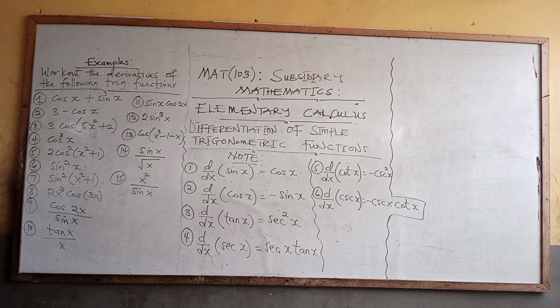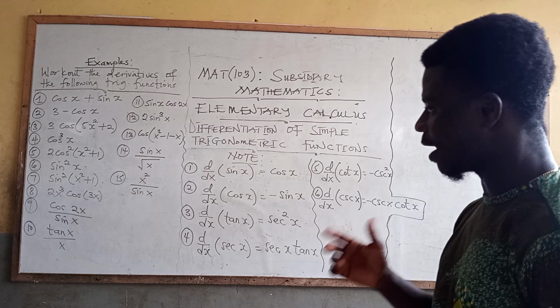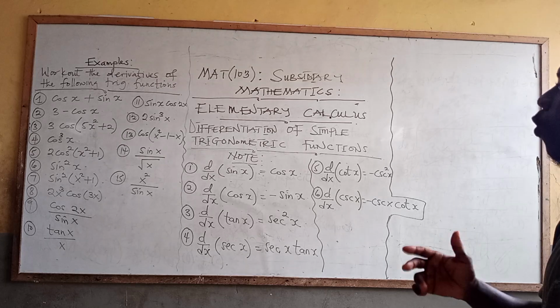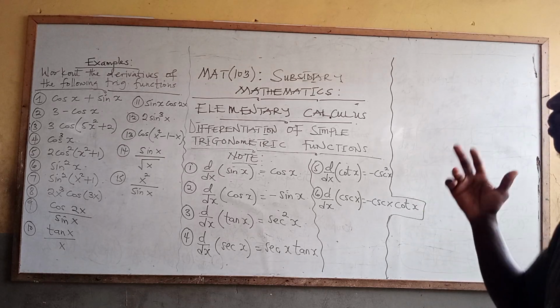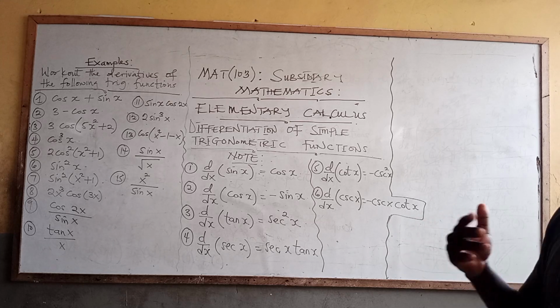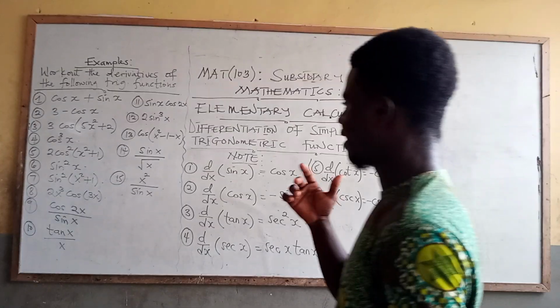We have 3 cos 5x squared plus 2 cos cubed x, 2 cos squared x squared plus 1 sine squared x squared plus 1, 2x cubed cos 3x, cos 2x divided by sine x, tan x divided by x, sine x cos 2x, 2 sine cubed x cos x squared minus 1, minus x sine x all over root of x, then x squared over sine x.